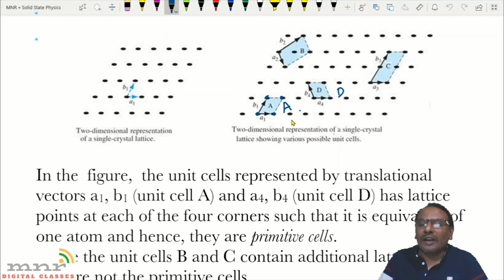No other atoms are present at any point, either inside or on the edges of the unit cell. Similarly, if we consider the figure D, here also we have lattice atoms placed only at the corners of the unit cell. This also represents a primitive unit cell. That is, A and D represent primitive unit cells.